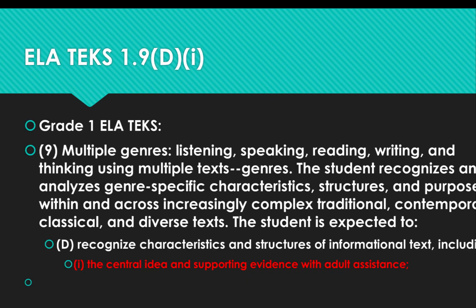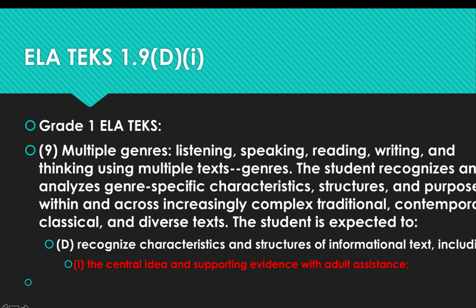Here is the ELA TEKS for first grade 9. First grade ELA TEK number 9 is multiple genres: listening, speaking, reading, writing, and thinking using multiple texts and genres. The student recognizes and analyzes genre-specific characteristics, structures, and purposes.